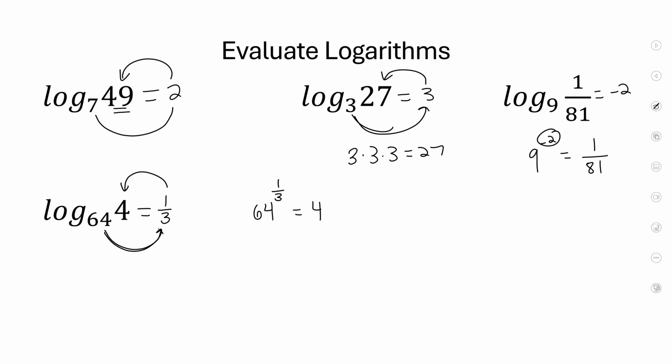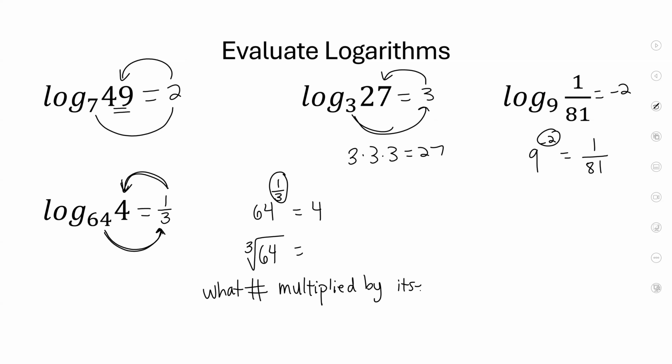Whenever you see a 1/3, you can write this as a cube root. So you have to ask yourself, what number multiplied by itself 3 times, because this is a cube root, will give you 64?